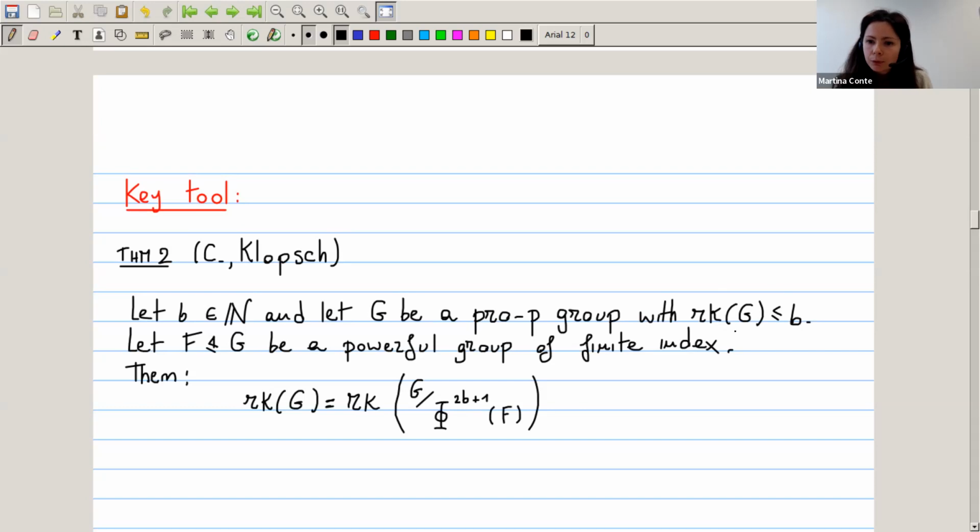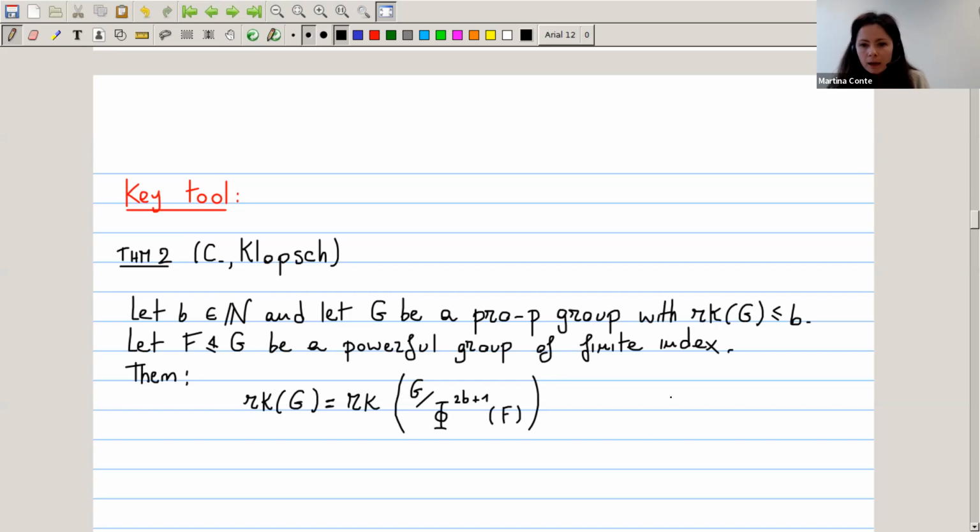If G is a pro-p group whose rank is bounded by some natural number B, then we can always find a powerful subgroup of G of finite index. And this is because of the characterization of pro-p groups of finite rank, or equivalently p-adic analytic pro-p groups, that I gave at the beginning.